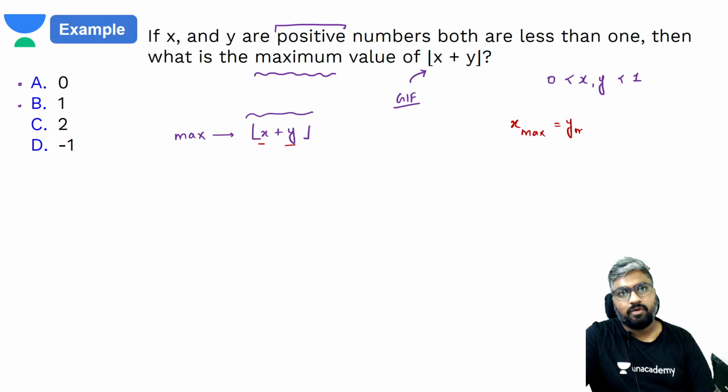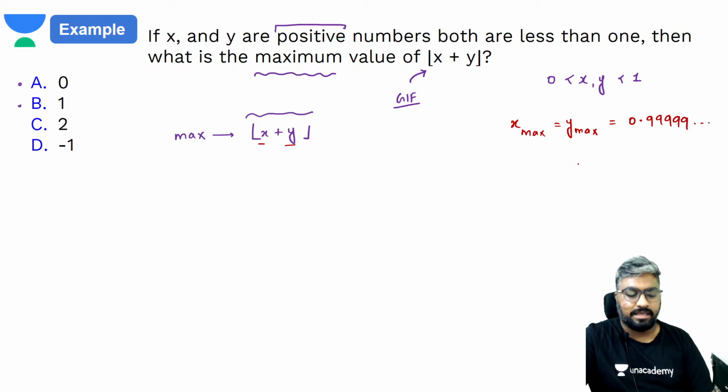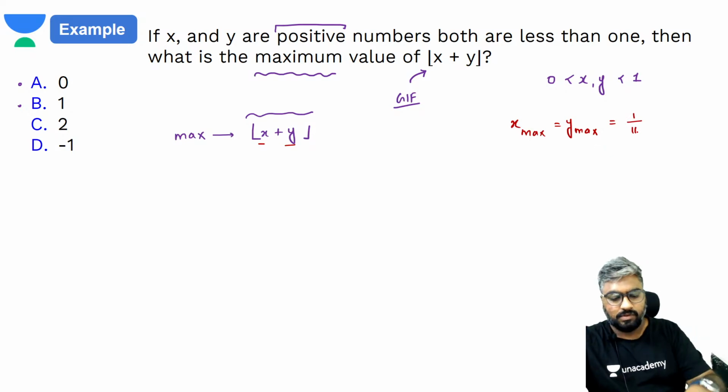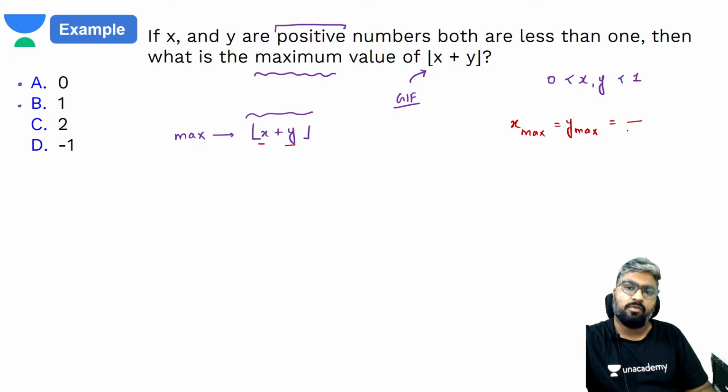The maximum value will be what? As much as you can go, 0.999999 and so on. Can I say 0.99999 is nothing but 1 by 11? Not 1 by 11, sorry. 9 by 11?